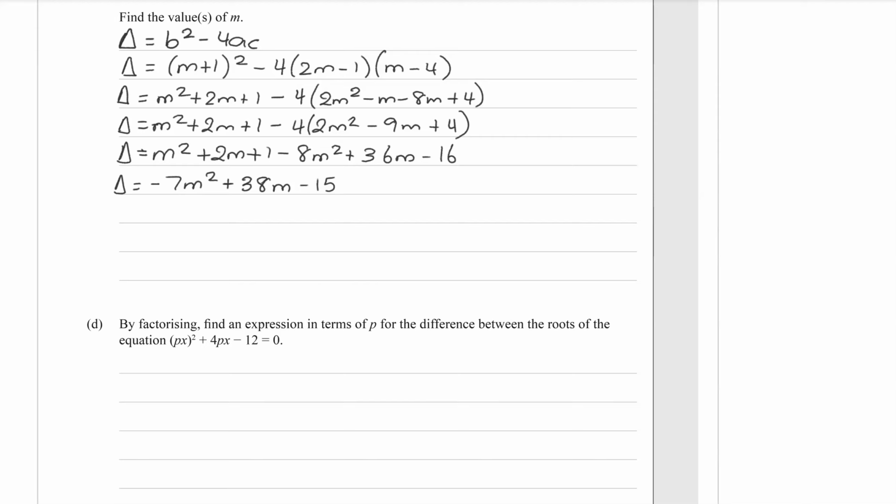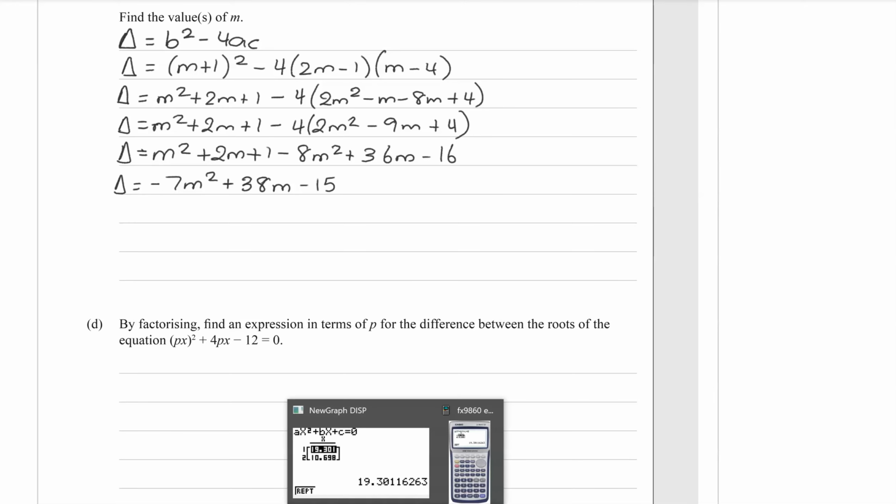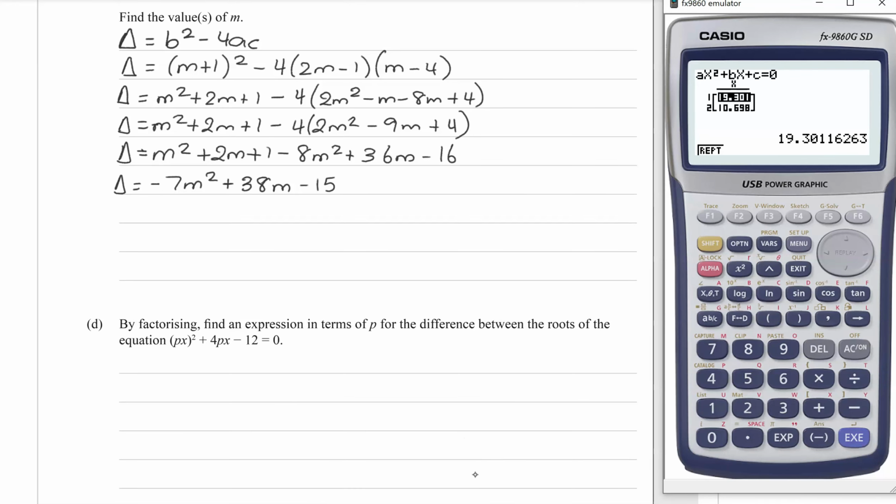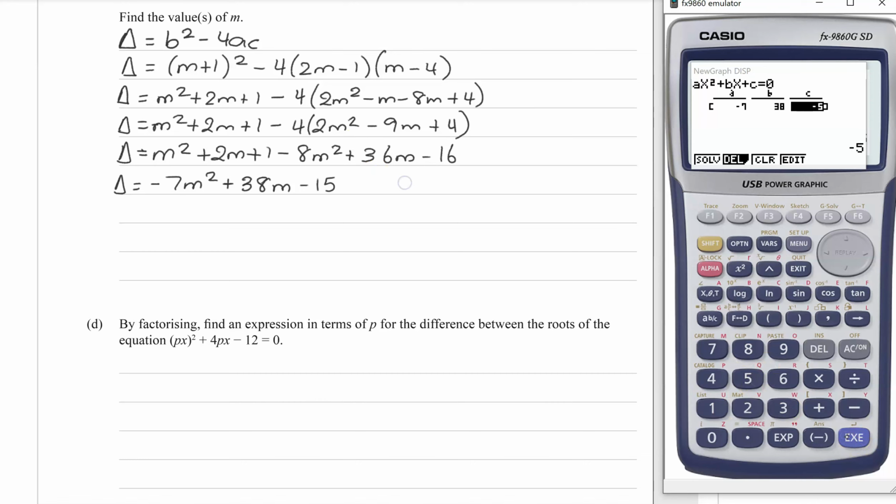And again, you can either put this in your calculator or you can factorize it. I'm going to put it in the calculator for now, because if I make it equal to 0, I'll put negative 7, 38, negative 15.